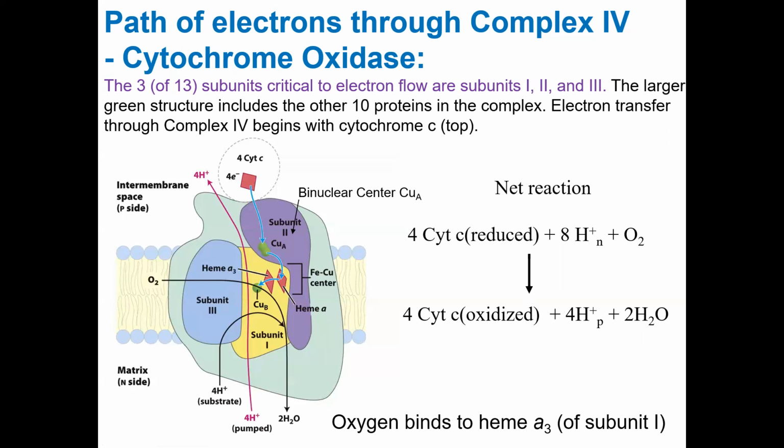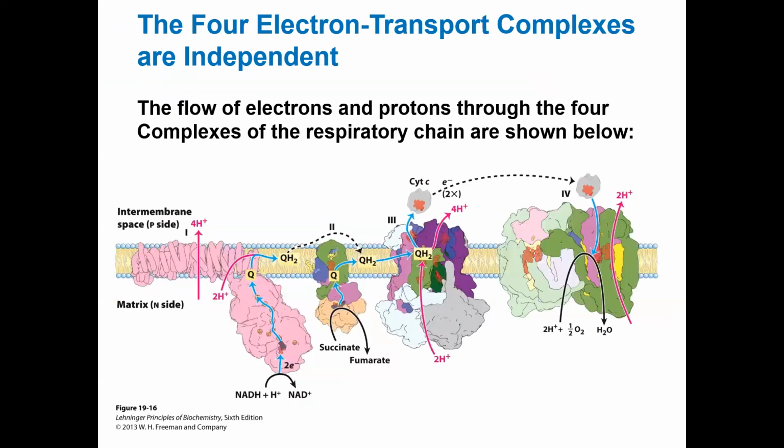All right. So that's how molecular oxygen accepts electrons and finally gets reduced. So now it all makes sense to you, how this movement of electrons happens through the electron transport chains.